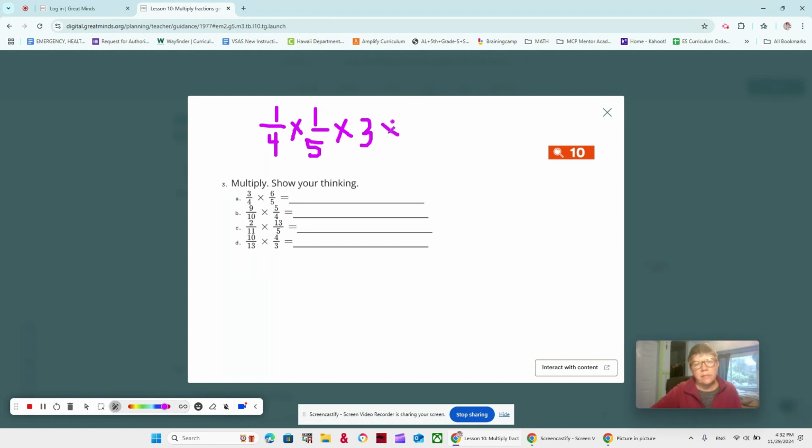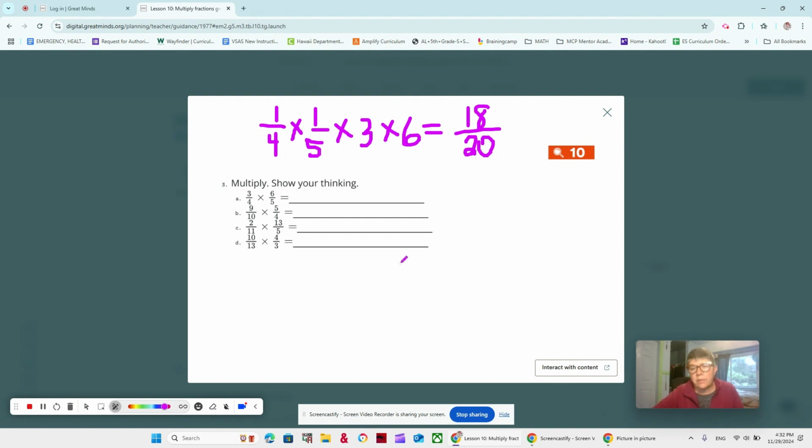And it's 6/5, so 6 of those. So 3 times 4 is 20, so we're going to have 20ths. And then 3 times 6 is 18, so we have 18/20. Make sure you're writing this down for part A. If you want to draw an area model to help you out, of course, you can do that.